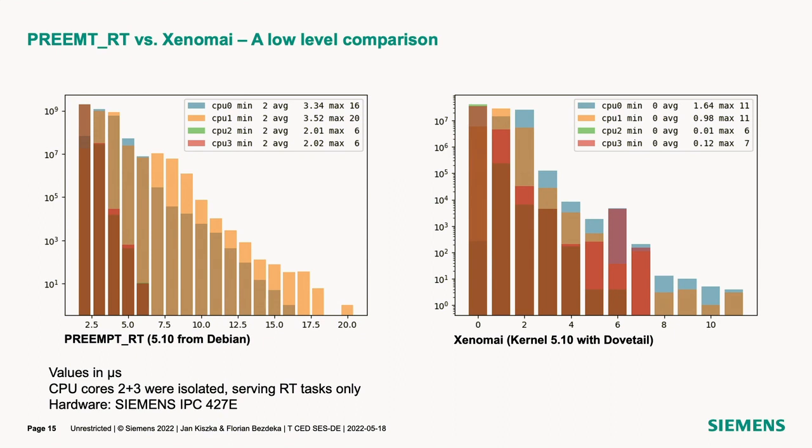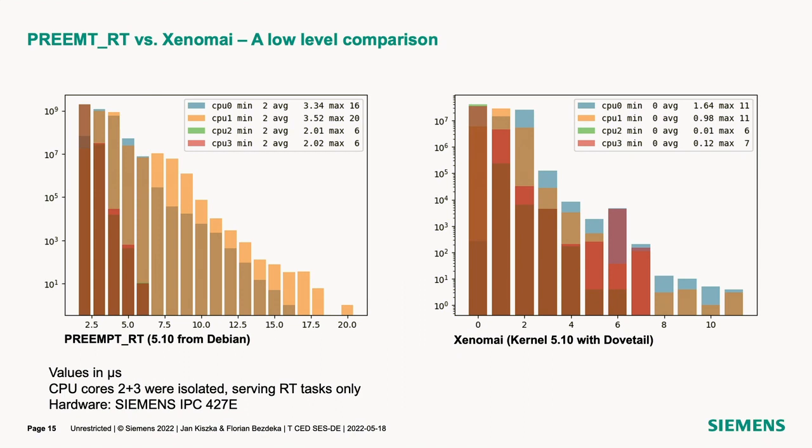So we had a 4-core CPU system here that we stressed with all kinds of load that came to our minds, and let the system run for, let's say, 48 hours or so, and then just stopped the test and took the measurement results. The system was configured in a typical Preempt-RT system configuration.